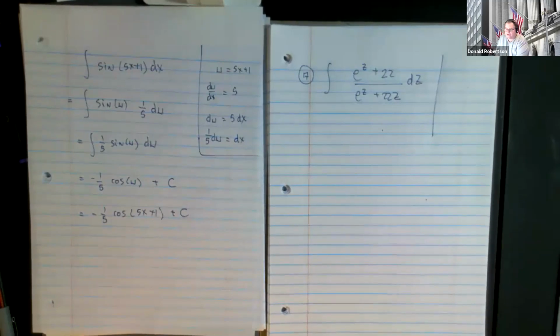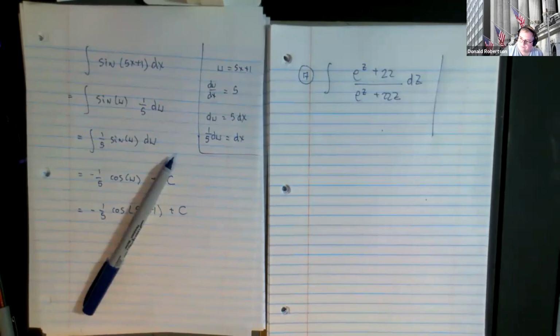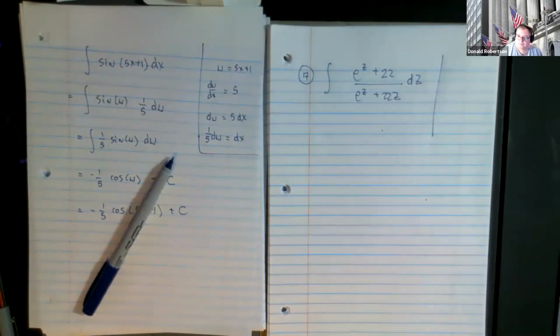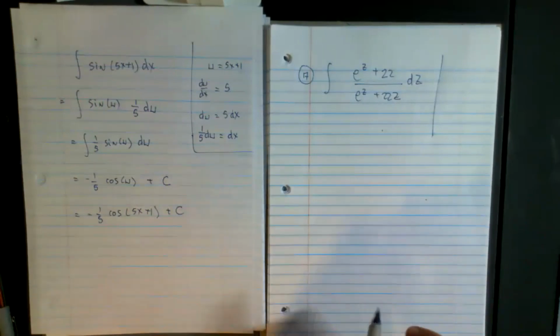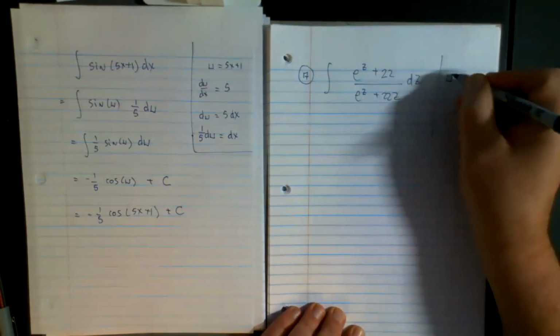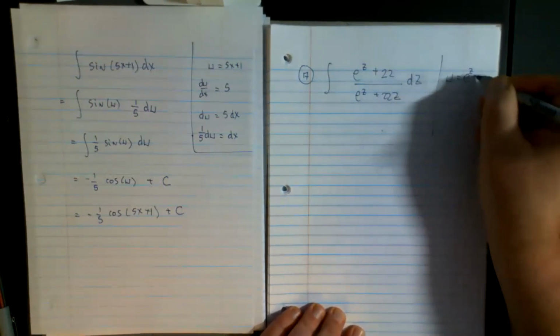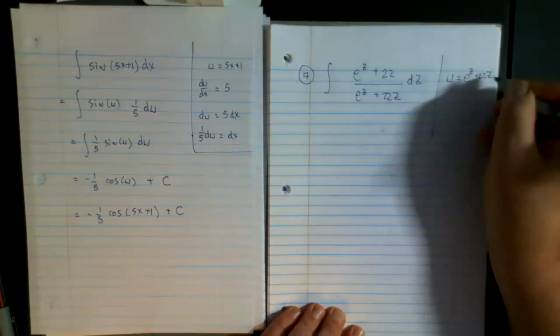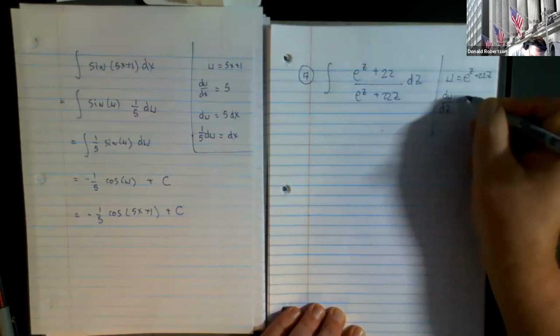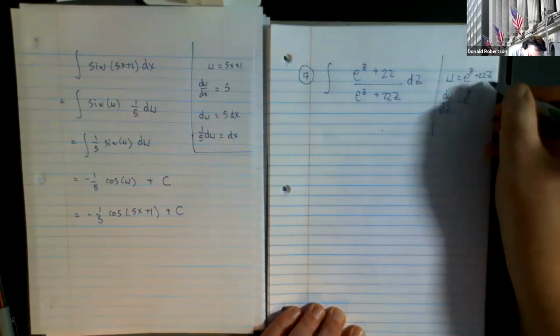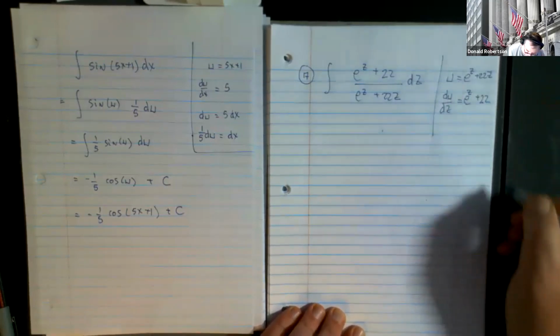Who is the U sub in this question? The denominator? Correct. When you differentiate with respect to z, e to the z gets you e to the z, and 22z just gets you the number 22.